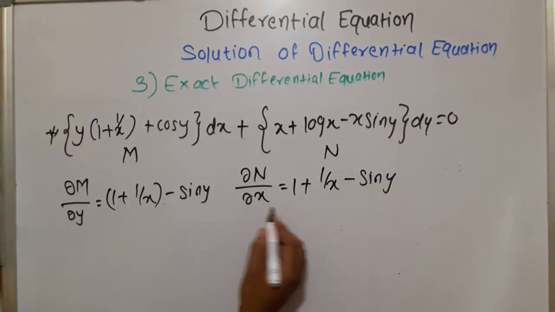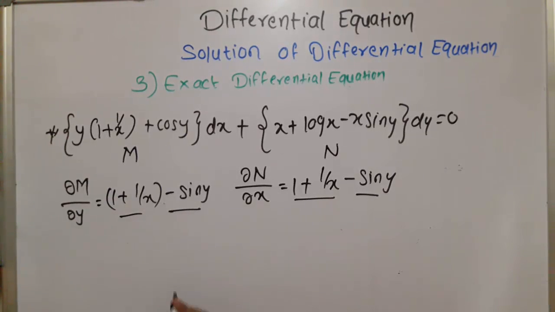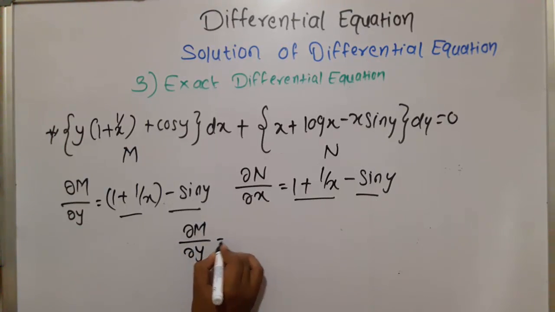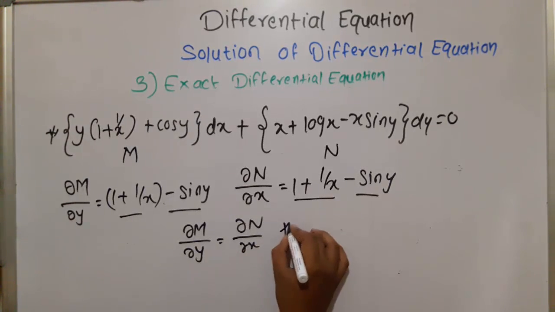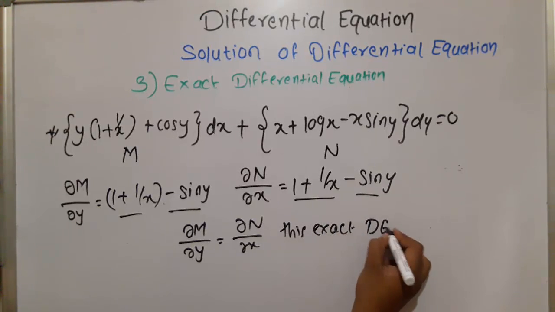By looking at this, we have the same value, so we can say that del M by del y is equal to del N by del x. Therefore this is an exact differential equation.